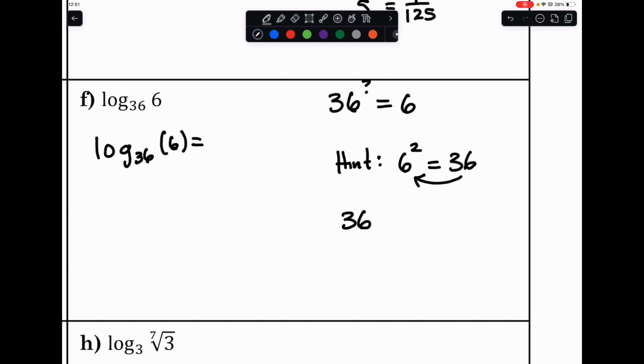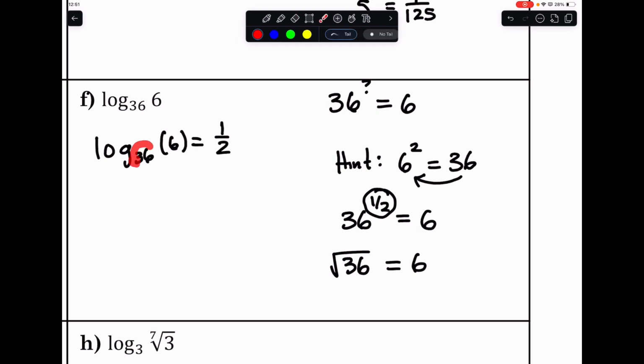The reciprocal of 2 is 1/2, in order to get to the value of 6. As you can clearly see, I've basically taken the square root of 36 to get 6, which in exponential form is the exponent of 1/2. So log base 36 of 6 equals 1/2, because 36 needs to be raised to the 1/2 power in order to equal that value.